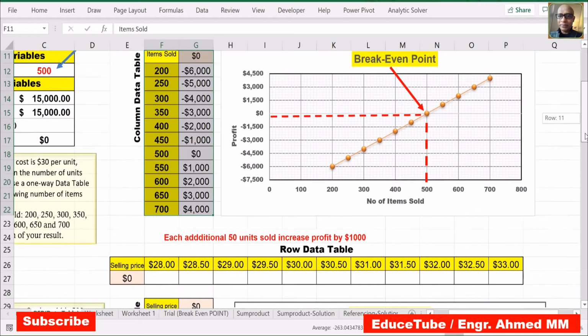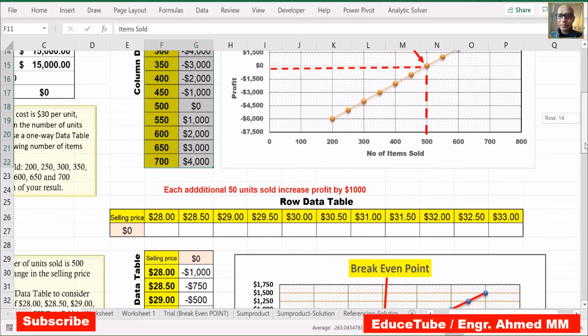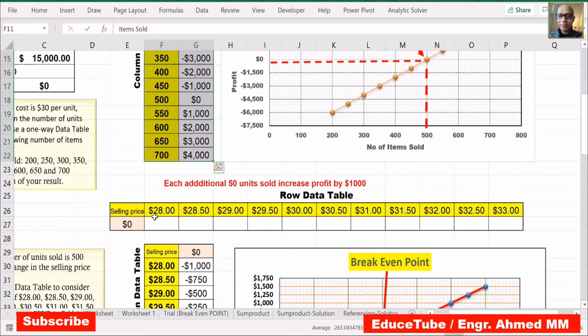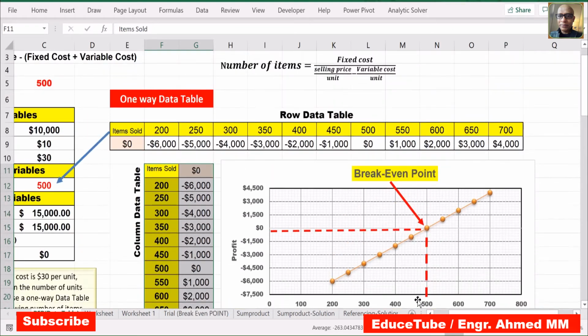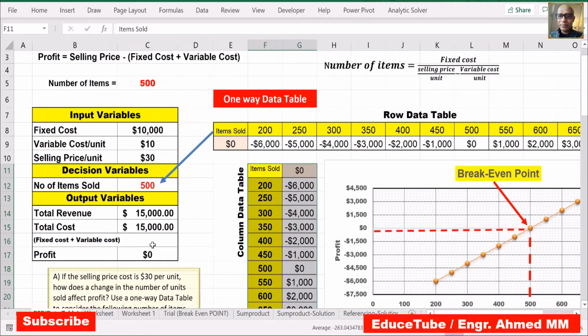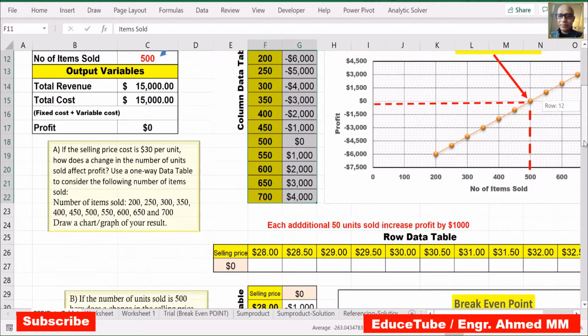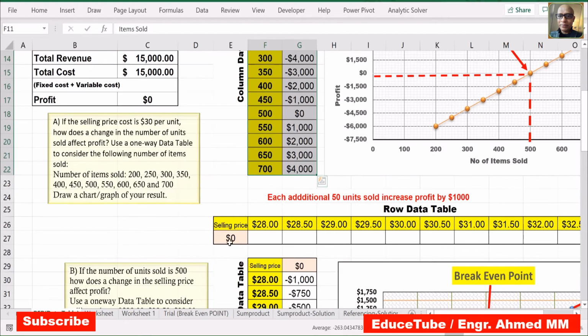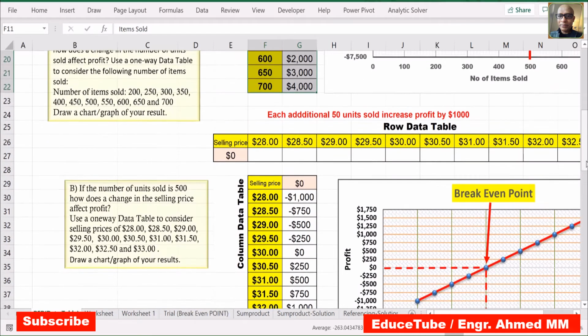Now we go for the next one. Next one, it is also a one-way data table. Only difference is input variables. Before we had taken number of items sold. Now we will take selling price, this one. Difference is only this. All other will be same. So here you can look at, this is the second problem, what it says.